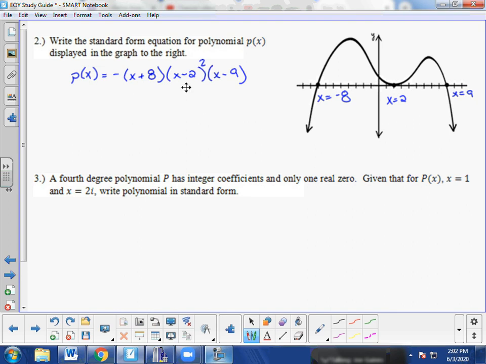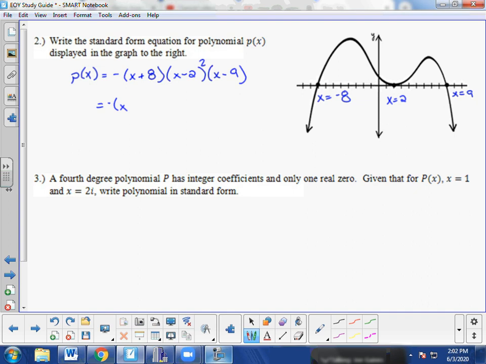So now we can multiply these factors together, and this will give us the standard form for p of x. I'm going to leave the negative out in front. What I'm actually going to combine through distribution is x plus 8 and x minus 9. It doesn't matter the order that you multiply, but let's take x plus 8 times x minus 9. So x times x is x squared.